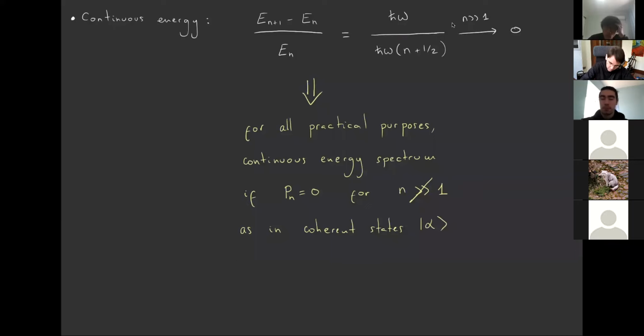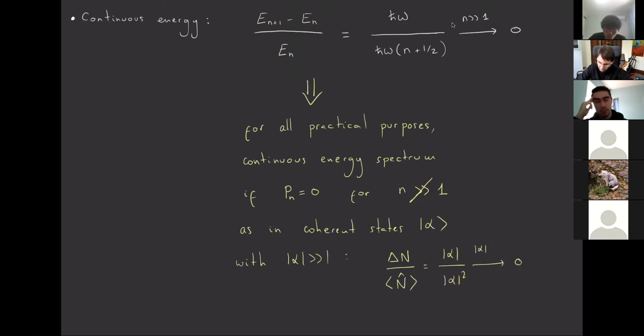Coherent states alpha with alpha much larger than 1, for which we have seen that the uncertainty in the quanta, or in the energy, because energy is proportional to the number of quanta, in relation to the average of quanta, this is alpha divided by alpha square, which goes to 0 when alpha is much larger than 1, okay?